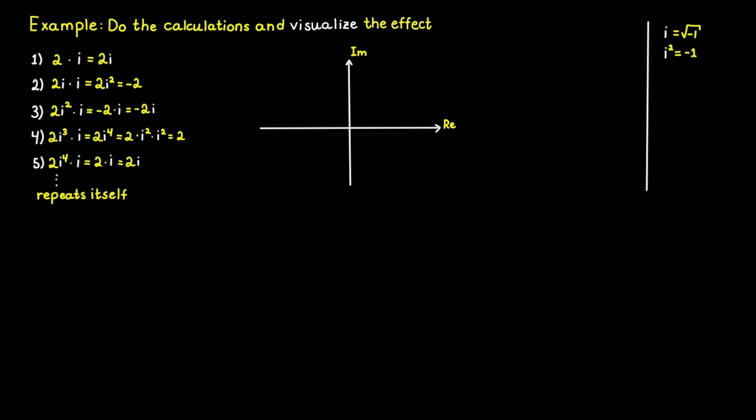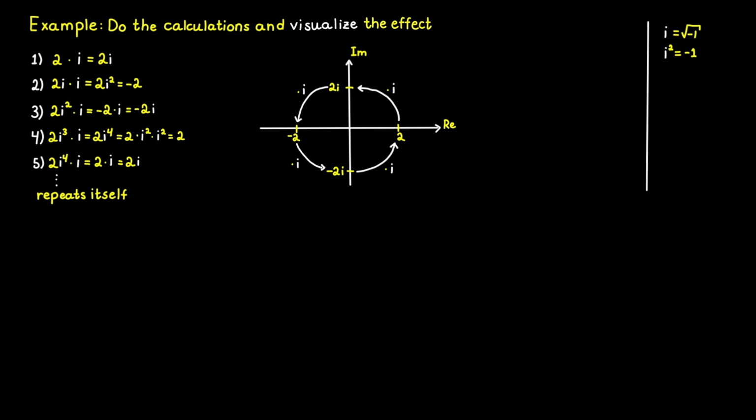So we started with the number 2 over here, and then we multiplied it with i, which took us to 2i. And if we multiplied with i again, then it took us from 2i to minus 2. If we did it one more time, we ended up at minus 2i. And if we did multiplication with i one more time, we ended up where we started, at the number 2.